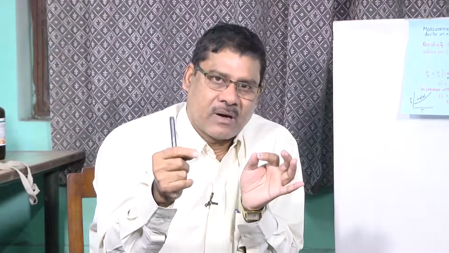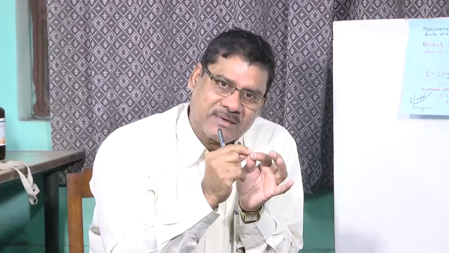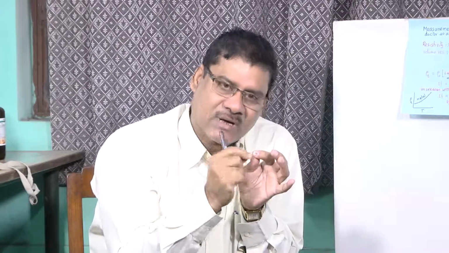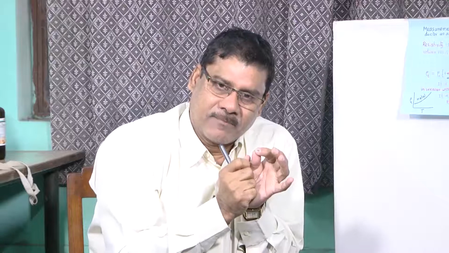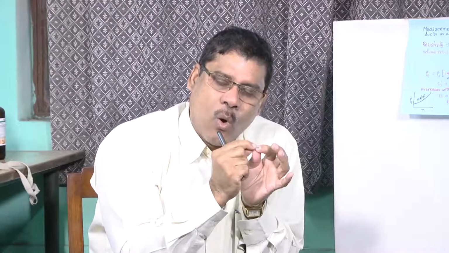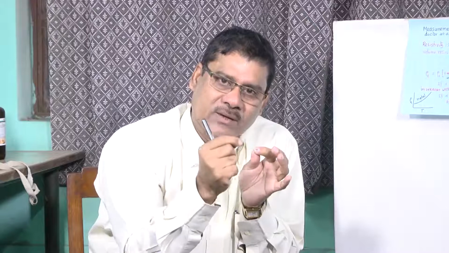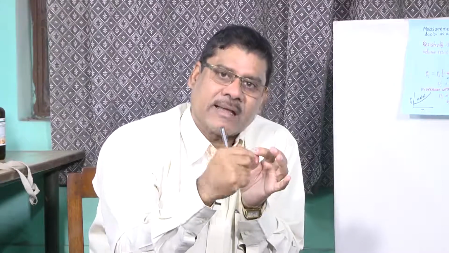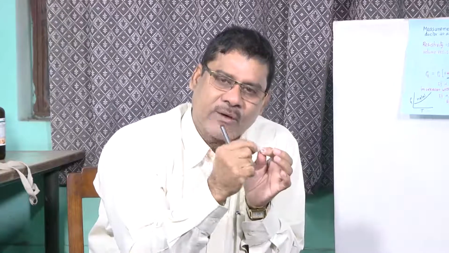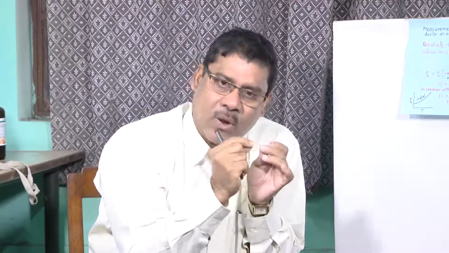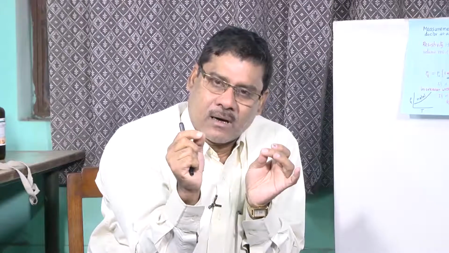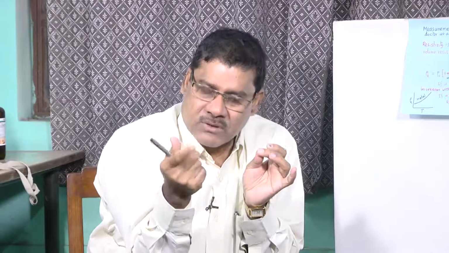Now, when the electrons are moving following the electric field, they will collide with other electrons, they will collide with the impurities, if any impurities in the metal, and they will collide with the ions.